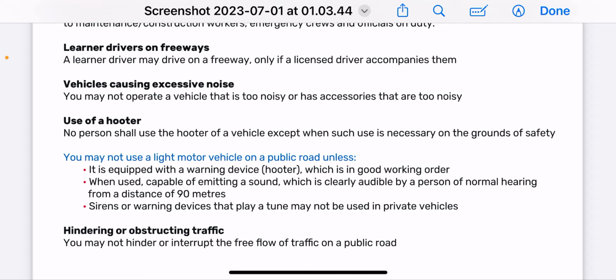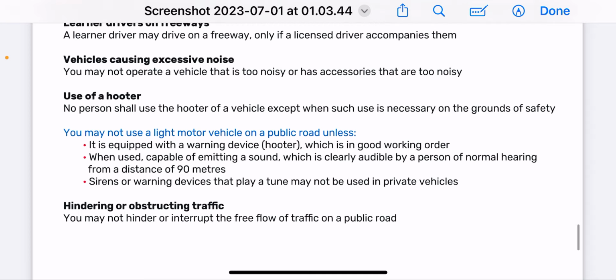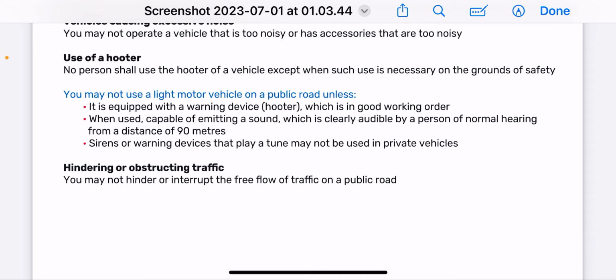Vehicles causing excessive noise. You may not operate a motor vehicle that is too noisy or that has accessories that are too noisy. Use of hooter. No person shall use the hooter of a vehicle except when such use is necessary on the grounds of safety.